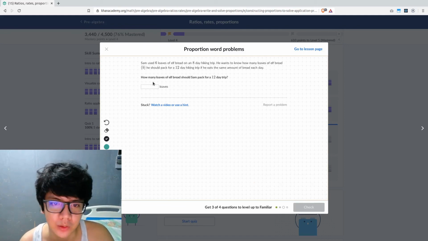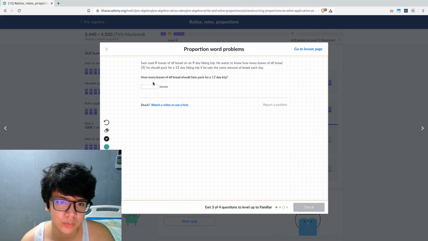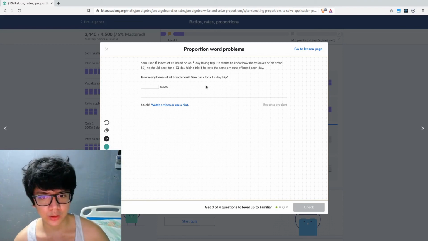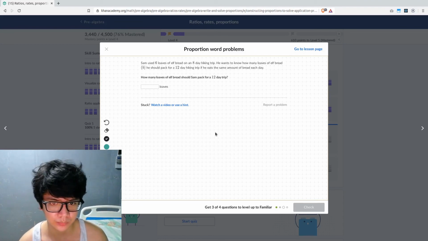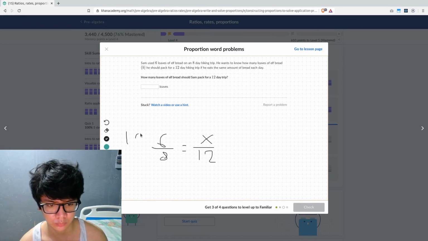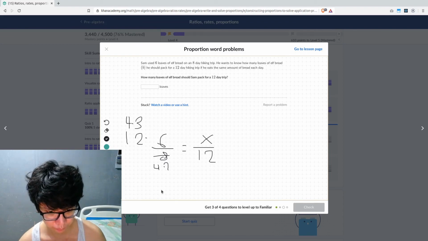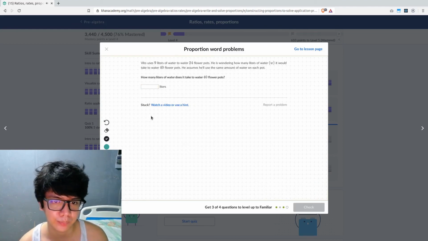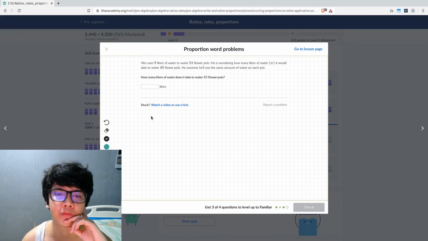Sammy loads up on 8. Load up the ring. Okay. Dito uses 9 liters of water to flour 40.